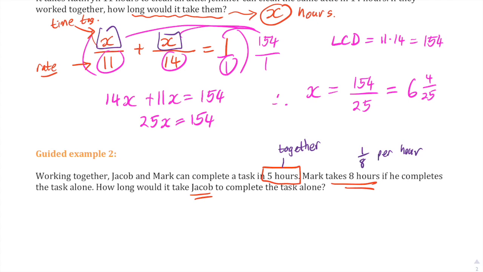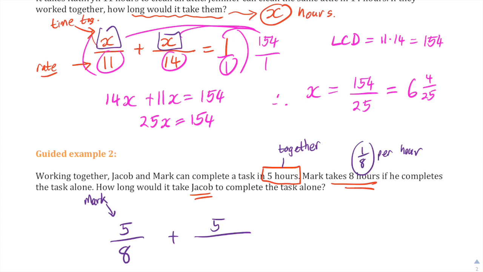In this case, the amount of time that they work together goes in the numerator because it's known. If Mark takes 8 hours on his own, then he completes 1/8 of the job per hour, and so this fraction over here represents how much of the job Mark is going to complete. 5/8 of the job because he completes 1/8 per hour and works for 5 hours.